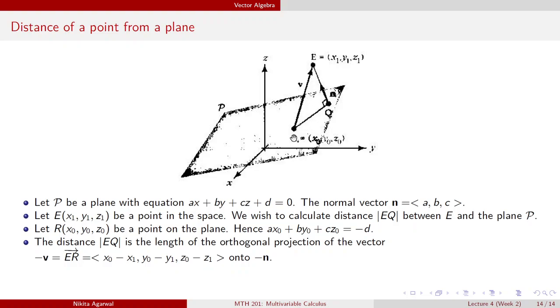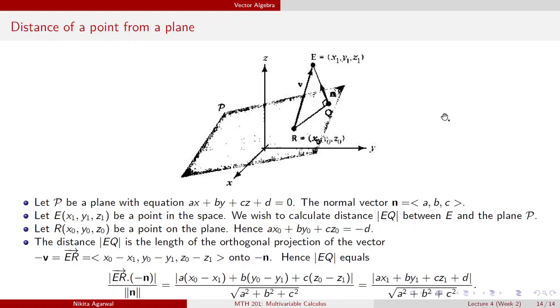But ER is given by x naught minus x1, y naught minus y1, z naught minus z1. So by the formula of orthogonal projection, this is equal to the dot product of minus v and minus n, which is ER dot minus n, divided by the norm of n.